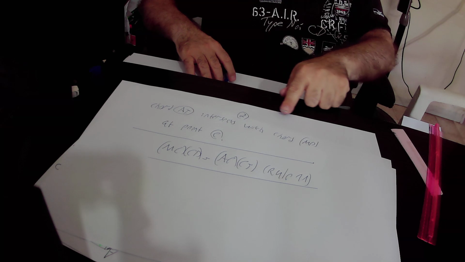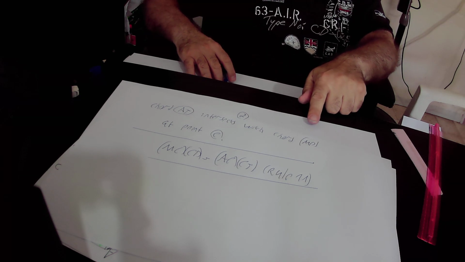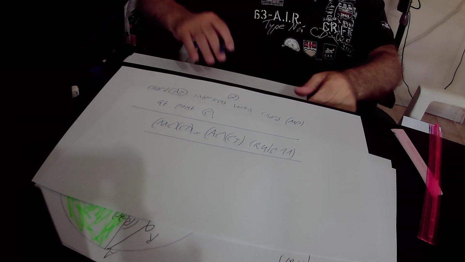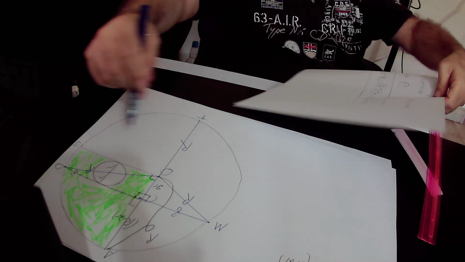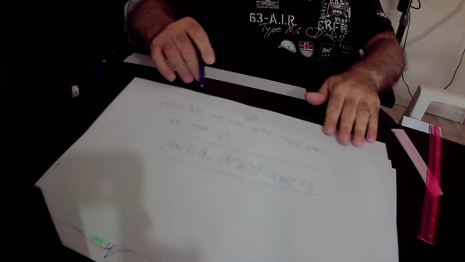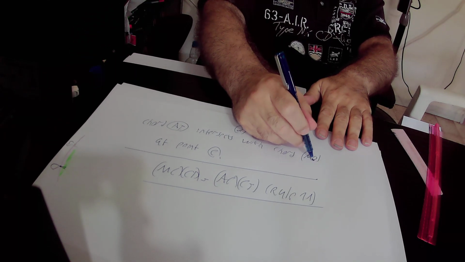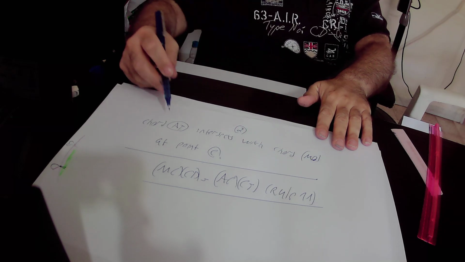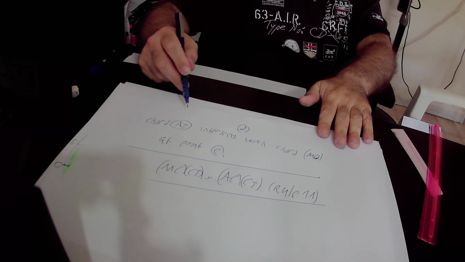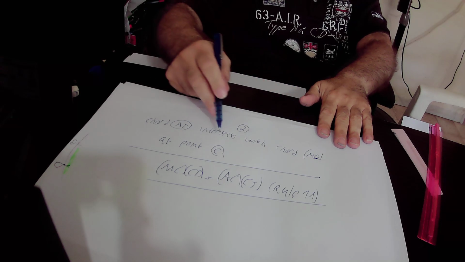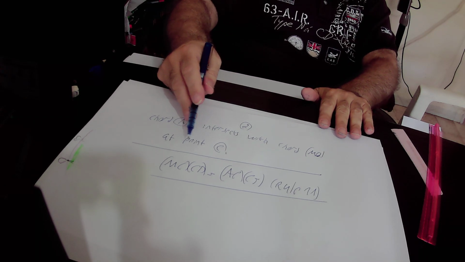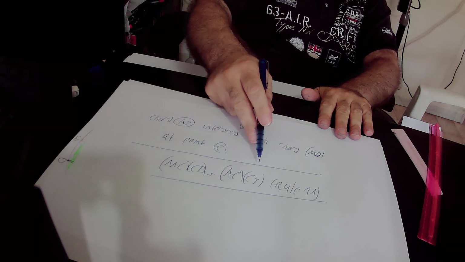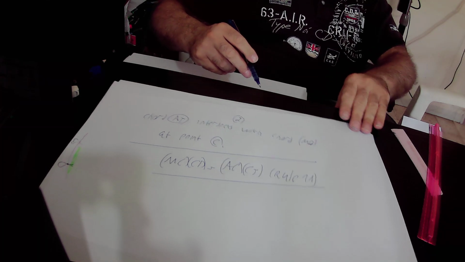Chord AT intersects with chord MD at point C. Again, chord AT intersects with chord MD at point C. Therefore, according to rule number 11, MC times CD equals to AC times CT. Okay.